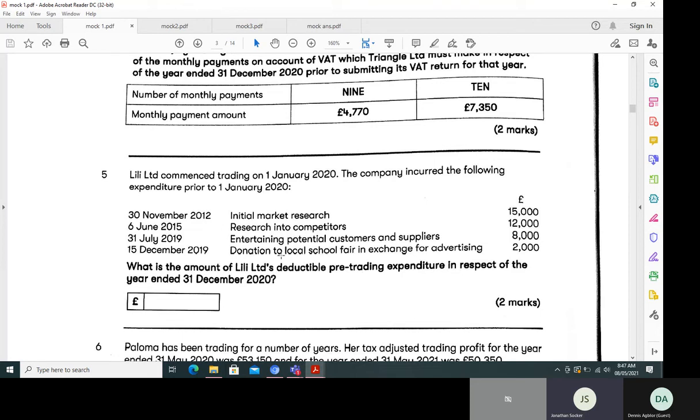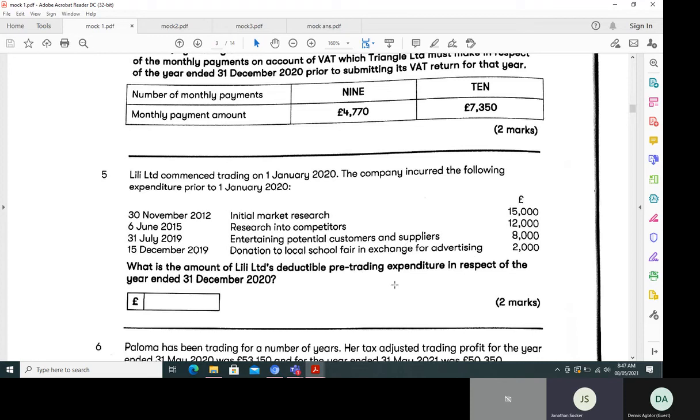This is something like a corporate social activity or responsibility, and the word being local school, it should be allowed. There's really no condition there.